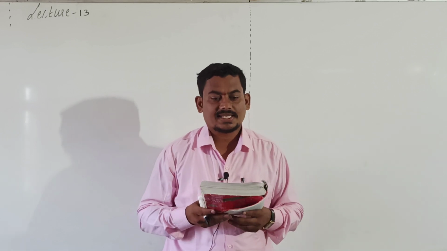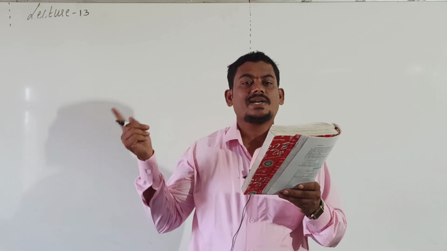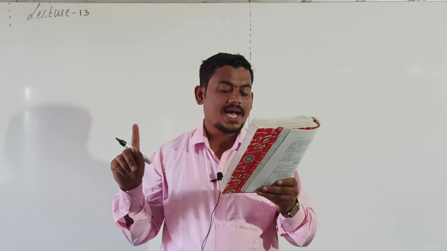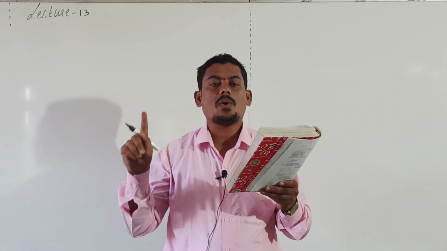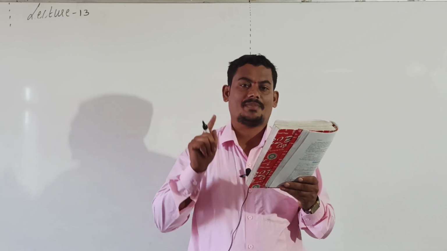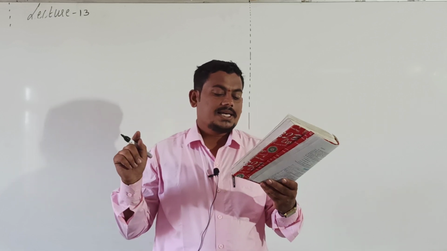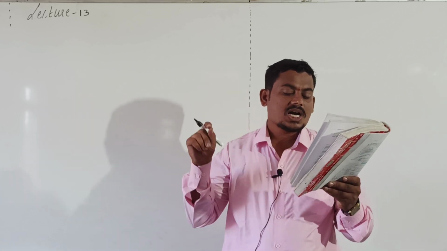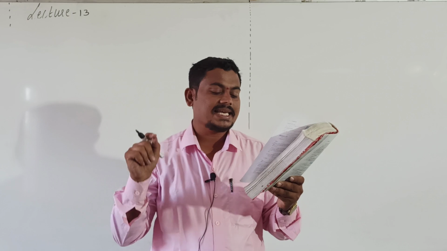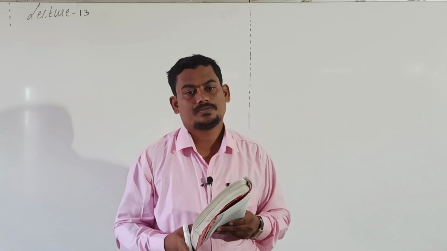I will read once again. If capital X and capital Y are two sets such that X union Y has 50 elements, X has 28 elements and Y has 32 elements, how many elements does X intersection Y have?